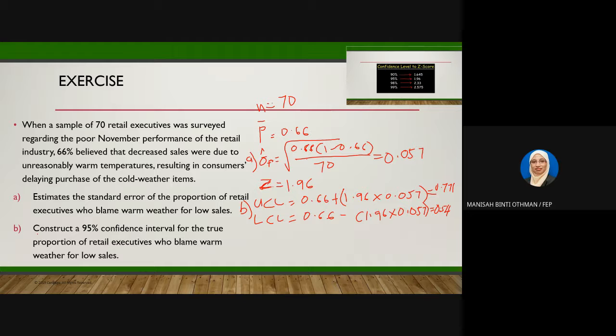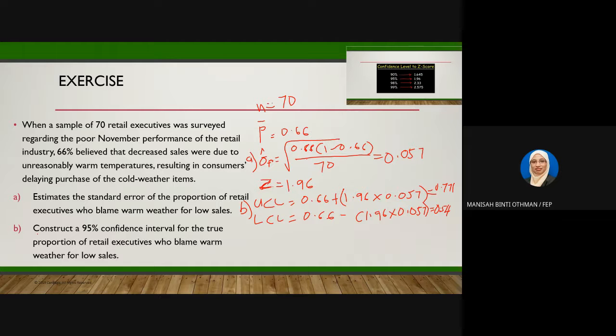From the sample, if you want to use a point estimation, the value for point estimation is 66%. When we use a point estimation, we directly take the sample proportion to estimate the population proportion. Point estimation is 66%.